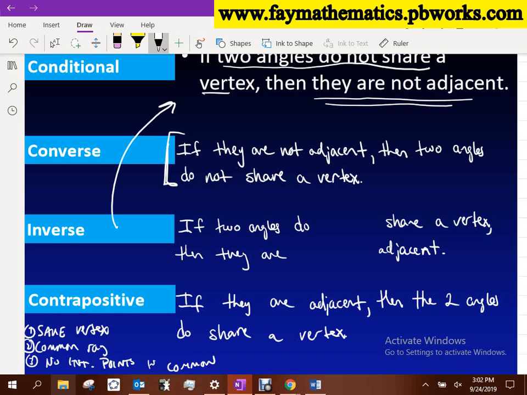So, the if part here, and this is the logic that we need to go through. Right now, I'm telling you, in front of you, you have two angles, they are adjacent. Can you then make the conclusion, can you make the jump then that they share a vertex? Absolutely you can. Okay? Based off of your knowledge about the definition. Now, if you didn't know the definition, you maybe were not able to do that. But this is true. Okay?